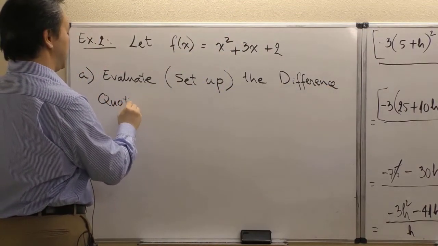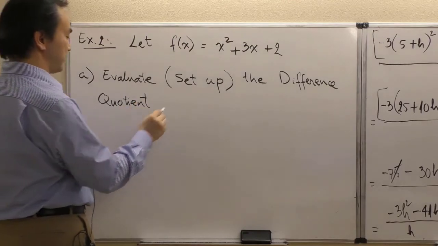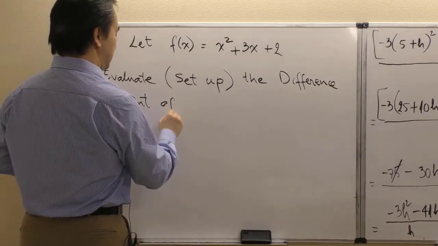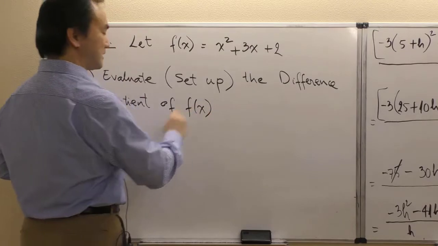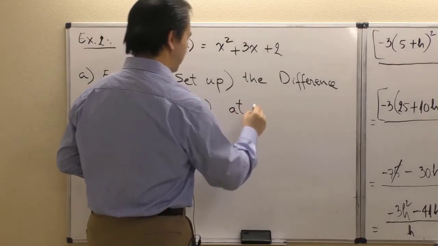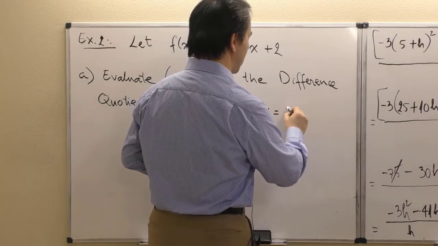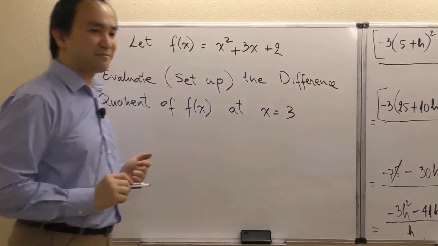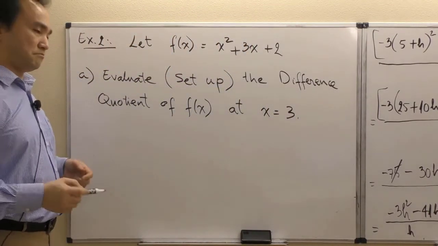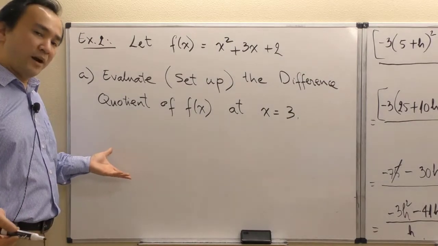All right, set up the difference quotient of this function f of x at x equals 3. Okay, so the work is just like example 1 again.